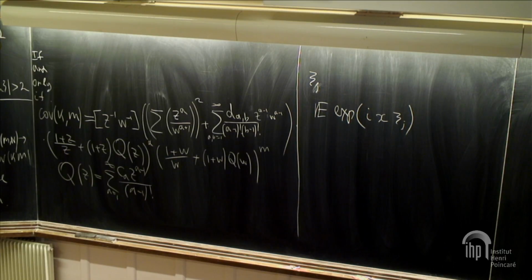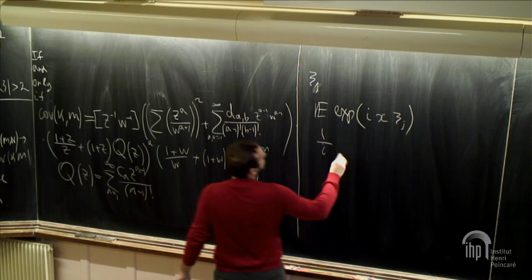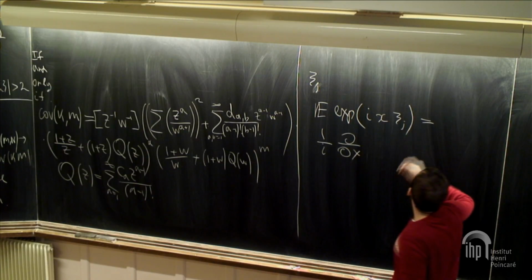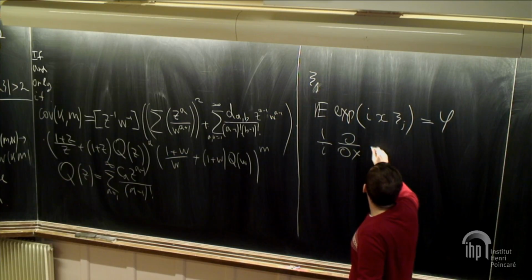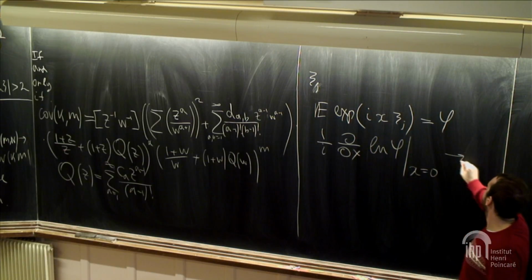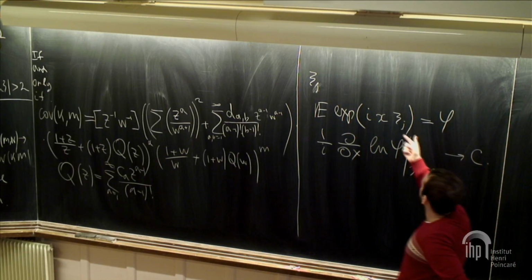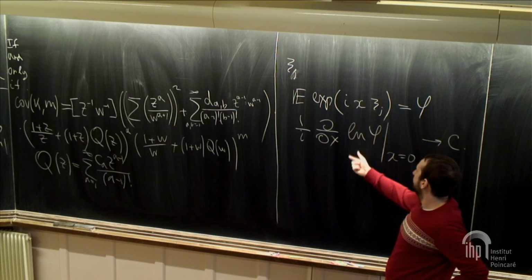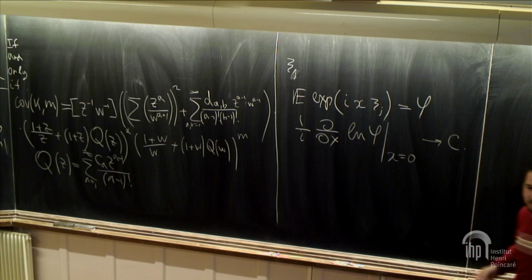And, well, if you know something about this thing, so if you know that 1 over i d/dx, let's call it phi, of the logarithm of phi at the point x equals 0 converges to some constant c, well, then this means that you have a convergence of expectations of these random variables, because this derivative is precisely the expectation of your random variable. So this is related to the law of large numbers.